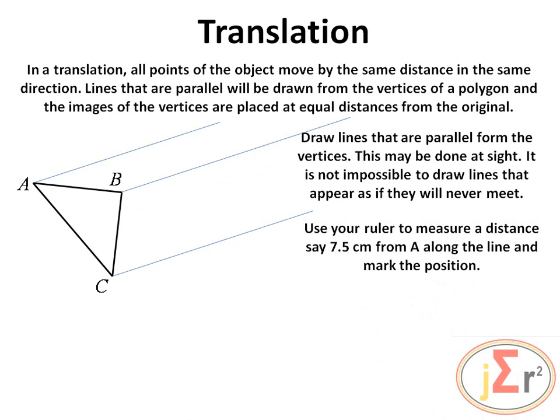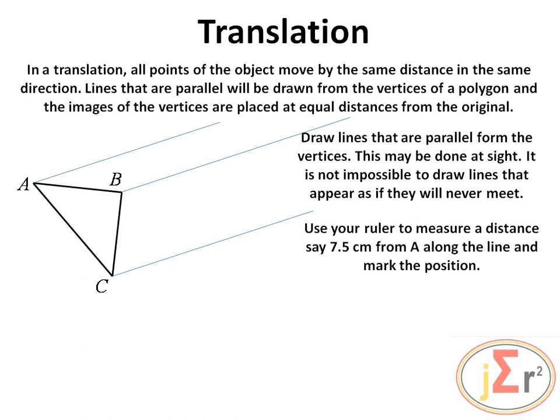So we are doing translation, but we are not making use of a graph grid, and we are not making use of the general devices like vectors that are used to translate objects.